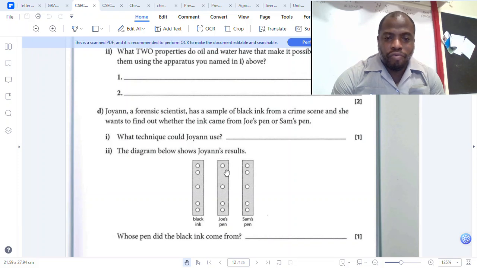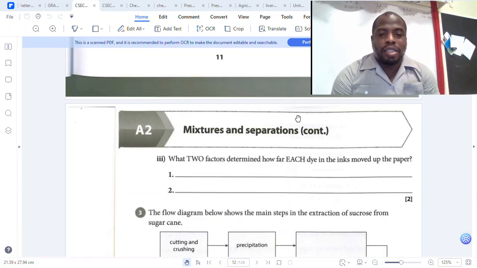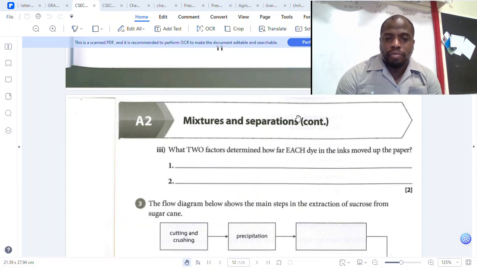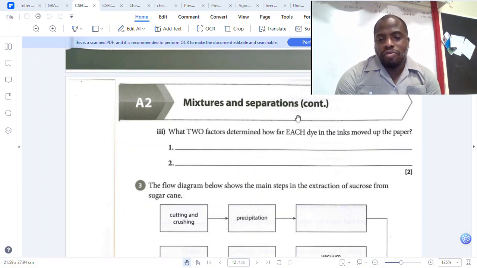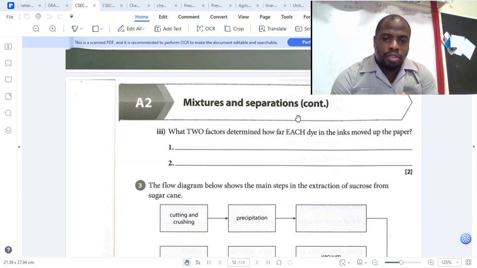And so if we look, it says what two factors determine how far each dye in the inks move up the paper. So the two factors that you consider would have been how soluble the dyes are in the solvent that you use.